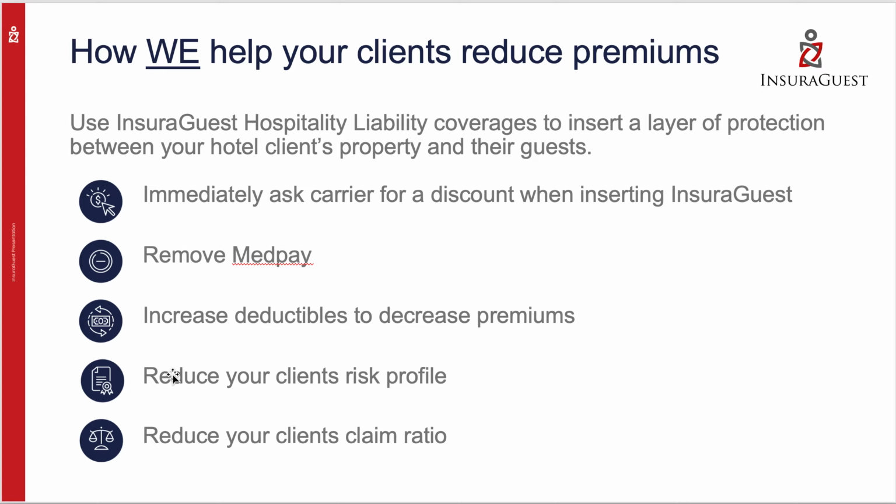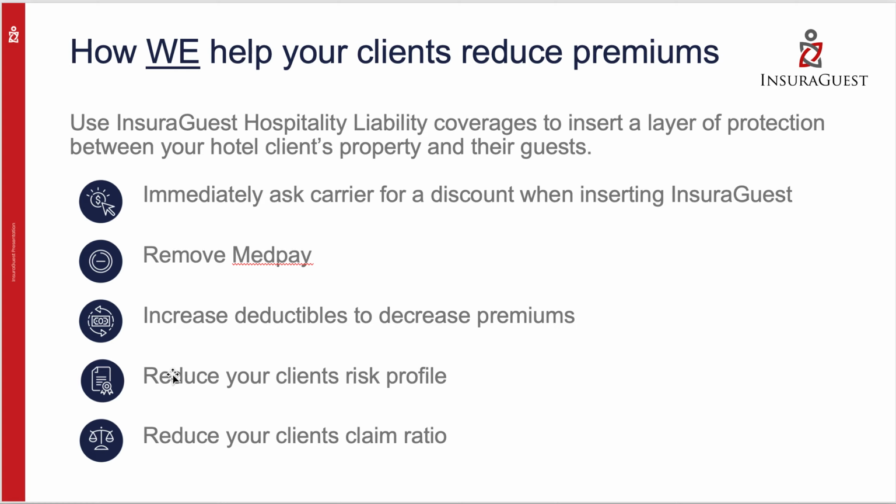So, just a recap on how we can reduce your client's premiums. Immediately ask the carrier for a discount when inserting InsuraGuest into the mix. And like I said, we're getting huge success on that, especially during the renewals.